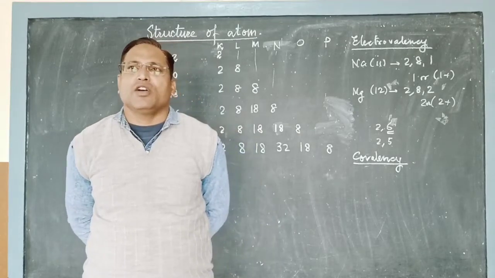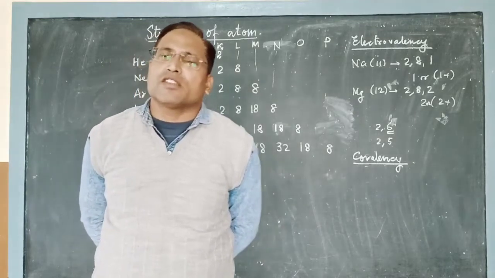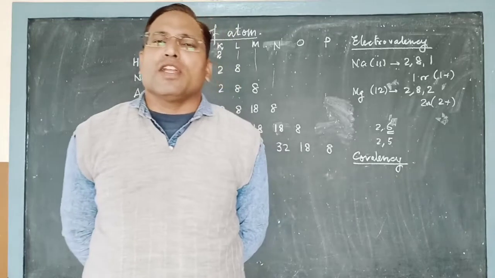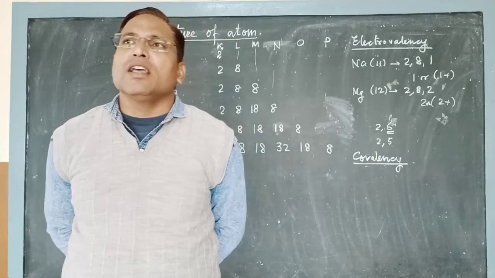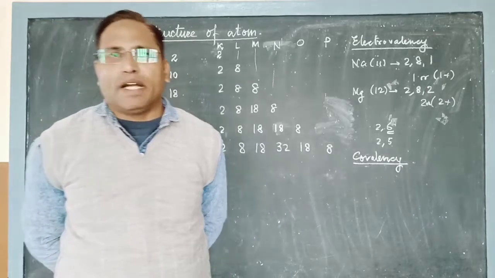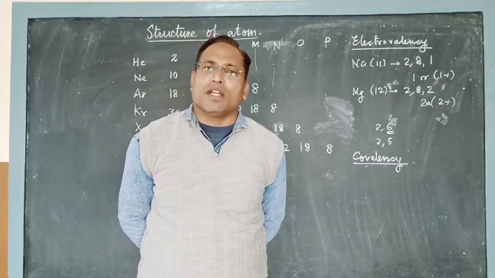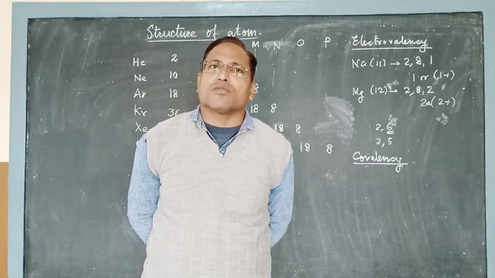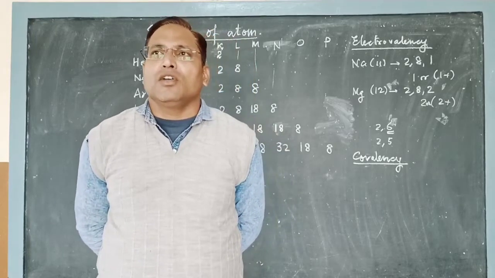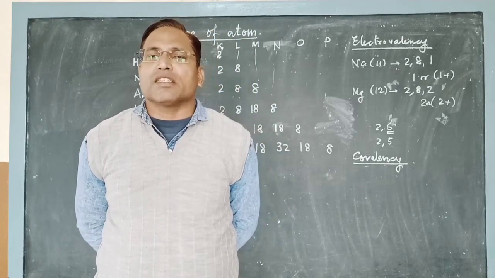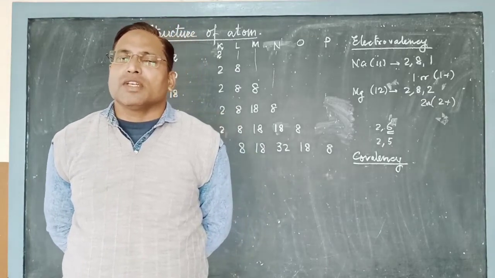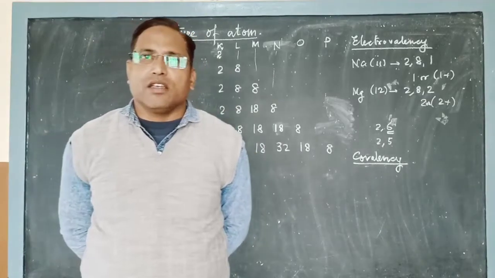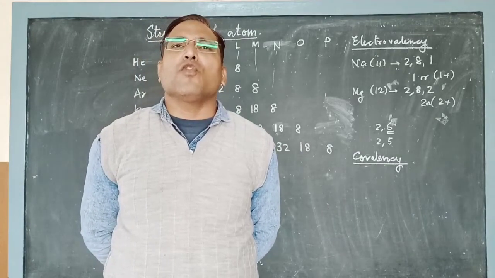Covalency means sharing. You can define covalency in this way: the number of electrons, or rather the pair of electrons, that will be better, because for one pair we write 1. So the pair of electrons shared in order to obtain the nearest noble gas configuration, or to fulfill their octet, is known as covalency.